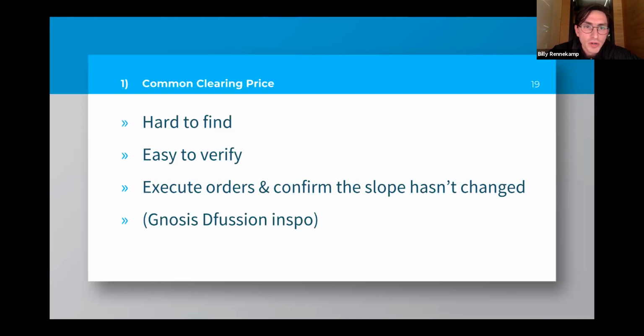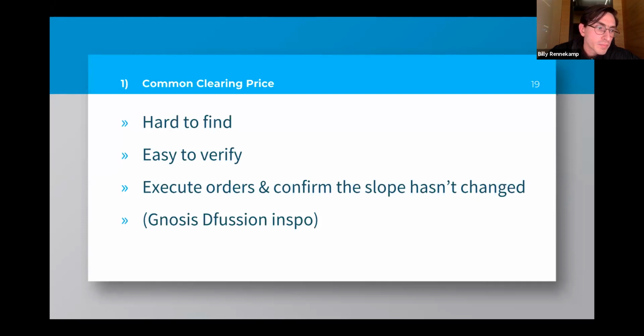Because this solution is hard to find, we don't want to actually calculate it on the EVM, but it is easy to verify. And so taking a page out of Gnosis's book once again, they're working on this project called Diffusion, which is another version of the Dutch X that will calculate clearing prices based on many different token pairs all at the same time. However, this level of calculation is also really difficult.